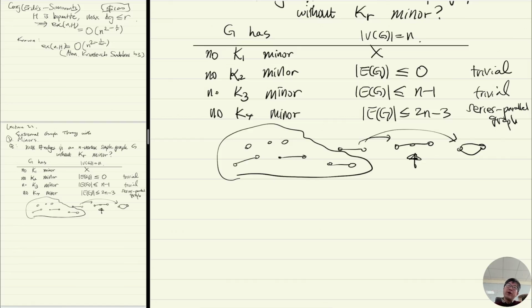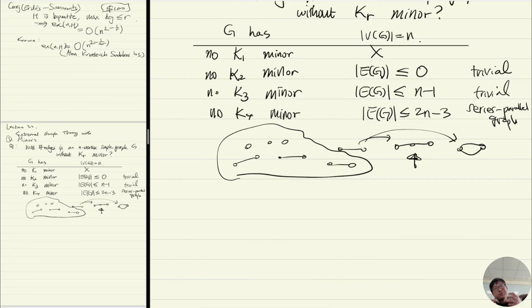Okay. But another way of proving it: this is actually an easy exercise, right? Assume the graph has certain connectivity. Let's say 3-connected, because if it's not 3-connected, you can apply induction.